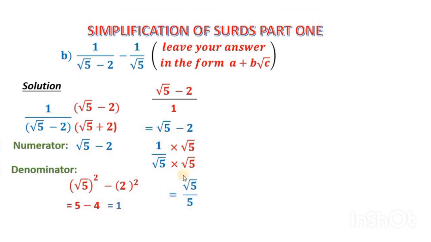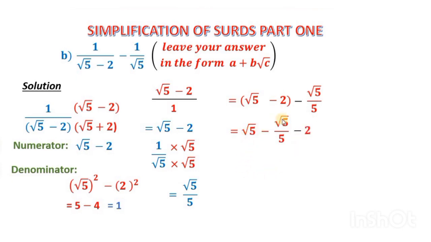Now, because we have the first part and the second part simplified, we are now going to subtract them. So the first part we have root 5 minus 2, and the second part we have root 5 over 5. Collecting the like terms, root 5 minus root 5 over 5 for the first part, and then finally we subtract 2.